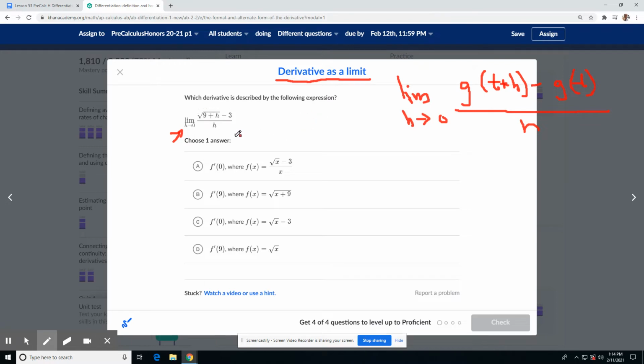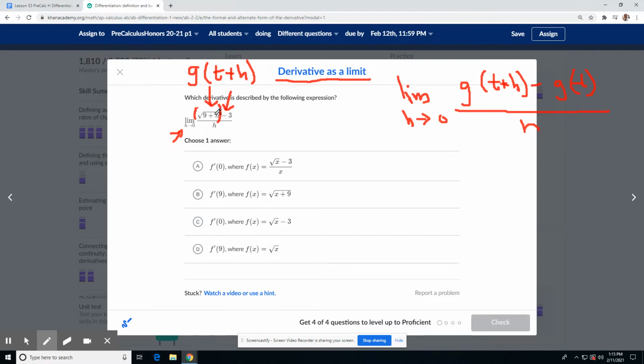Okay, and then we're trying to analyze what's being said here to help us out. Now, for me, the key is we can look at this minus sign right here, and that really helps to separate what g sub t plus h is. So if we look at it, that means that this right here is your g sub t plus h, where t is your point that we're focused on.